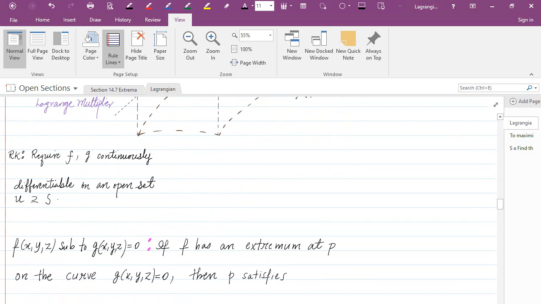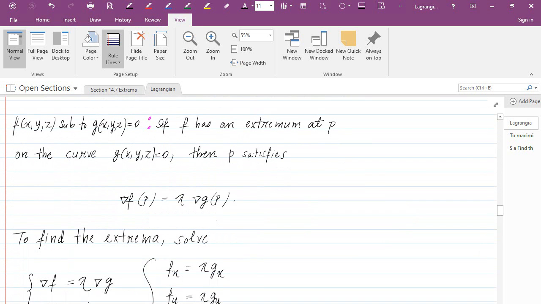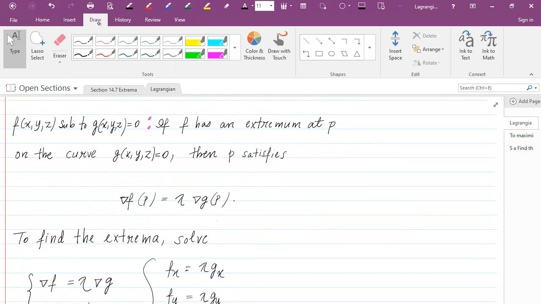And what we have found is that if f has an extremum at the point P on the surface g of x, y, z equal to 0, then P satisfies the equation that the gradient of f at P is a scalar multiple of the gradient of g at P.